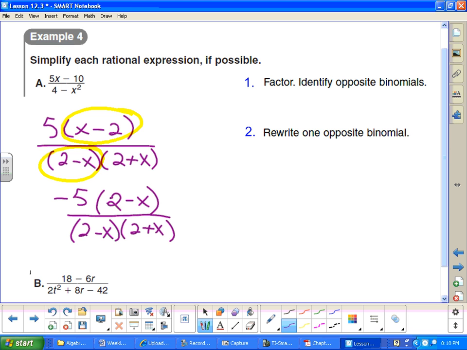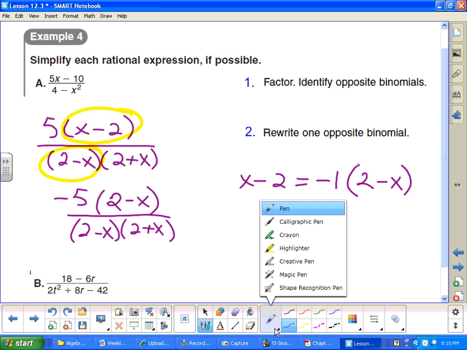I can think of it as multiplying by a negative, or we can think of it as factoring out a negative. So if I had x minus 2, and I factor out a negative, so I say negative 1 times, well, what happens? If I take a negative out of the x, the positive x, it becomes negative. And I take a negative out of the negative 2, it becomes positive. And so you can think of it either of those ways.